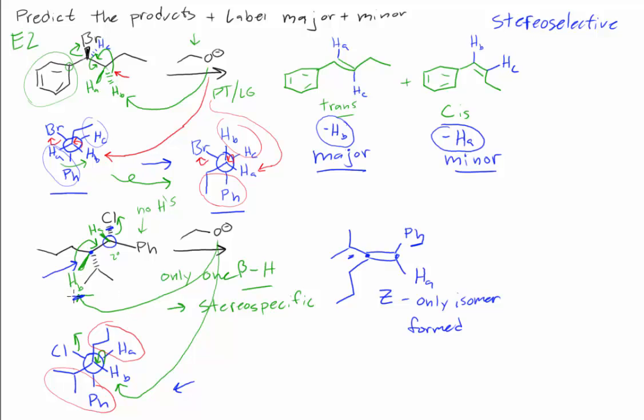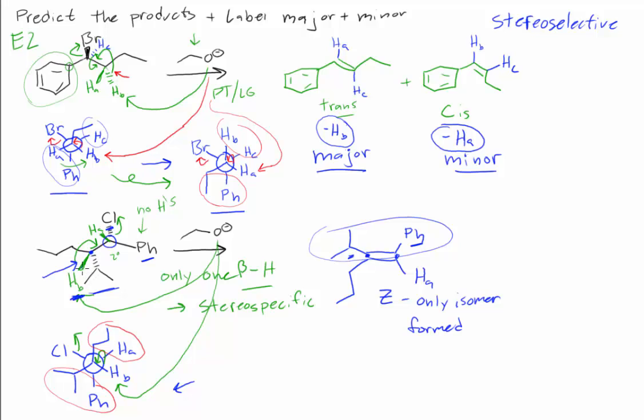HB is coming towards us out of the page, the Cl is going back, and so you can see already that the isopropyl and the phenyl should be on the same side of that alkene, and indeed they are right here. So with practice, you might be able to take the original drawing and simply predict the product.